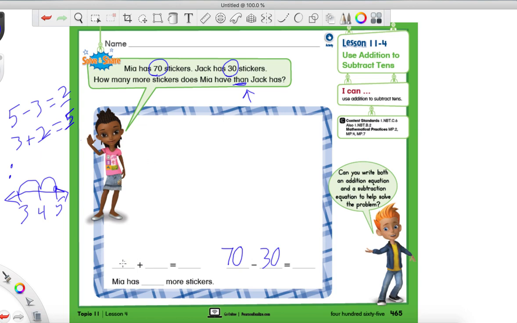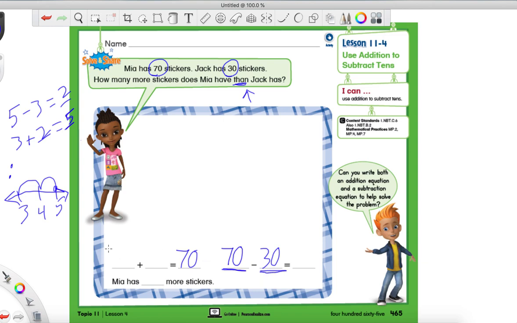So how we could set up this addition sentence is, well, we know the total, we know the whole number, which is 70. So that goes on the other side of the equal sign, all by itself, because it is the total. So when we add, the total goes at the end. Don't forget that. And our 30, that is a part.